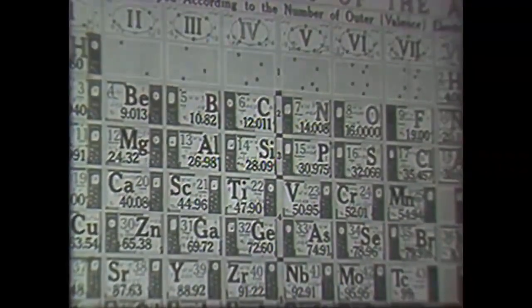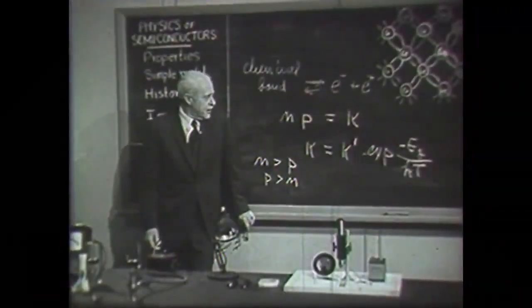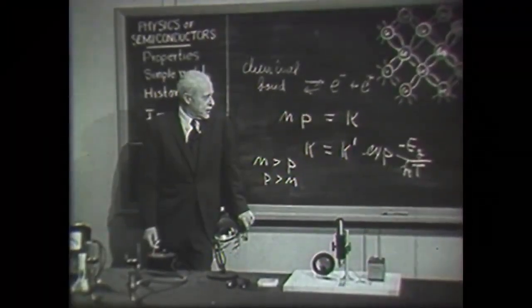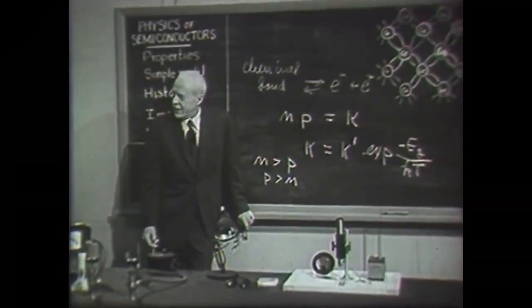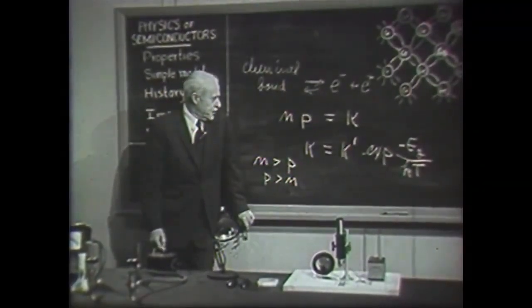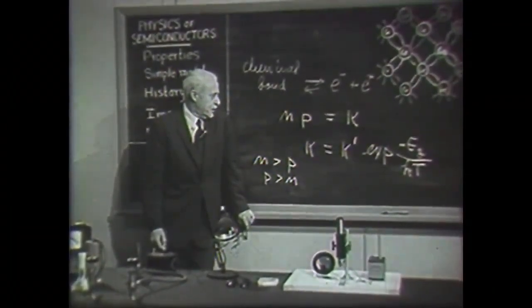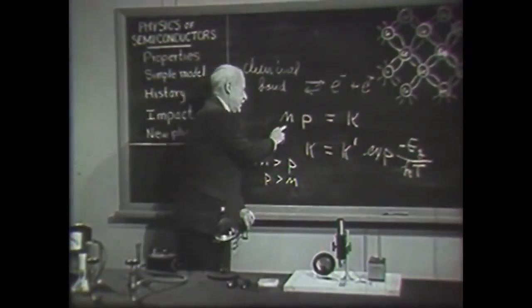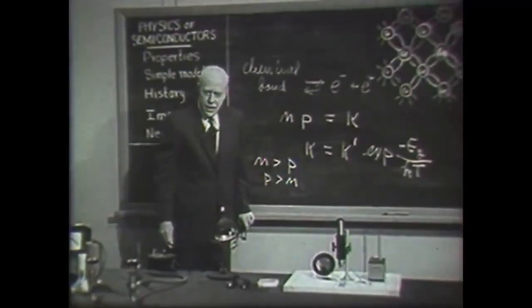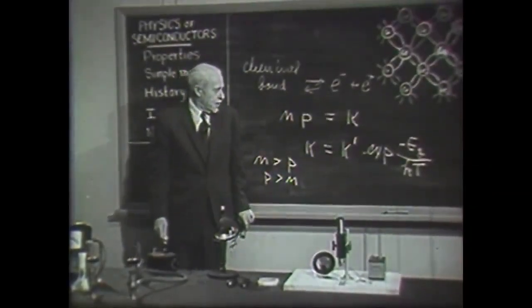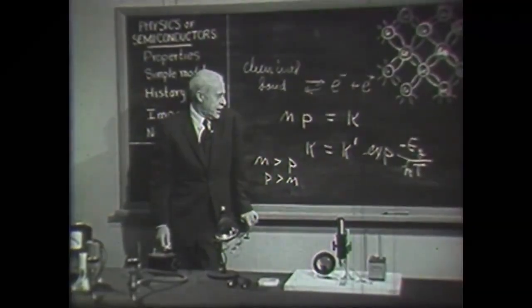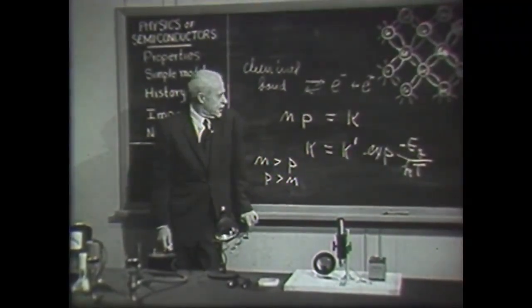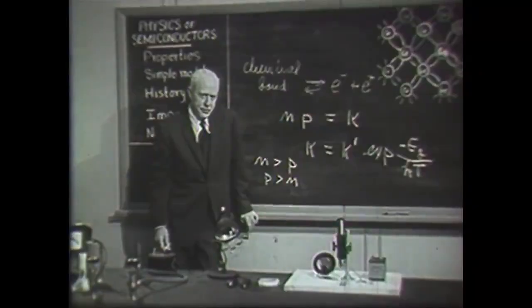With the work on these materials and the beginning of understanding of the equilibrium phenomena in semiconductors, another phenomenon came along, and that was the fact that while in equilibrium this law must hold, one can momentarily, especially at surfaces, violate equilibrium and create extra holes and electrons.